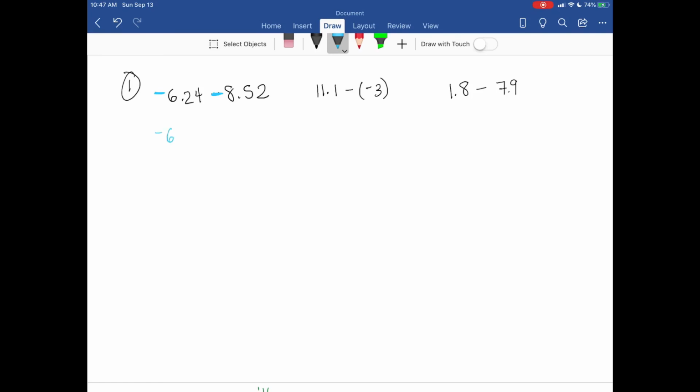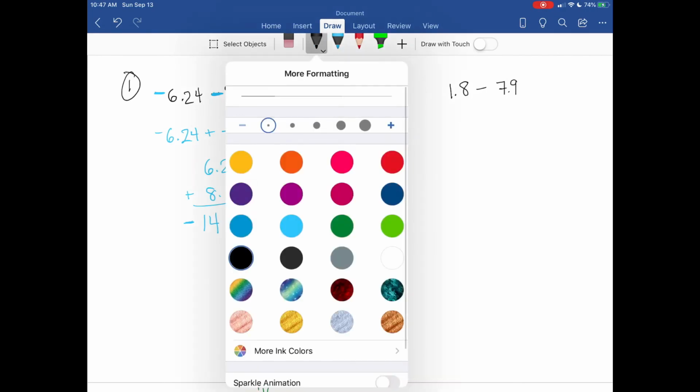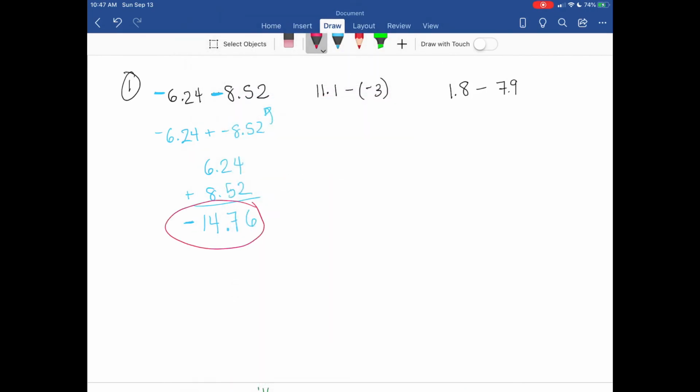So, and again, if it helps, you can write it as plus negative 8.52, but I think maybe if you just see it from here, you know I'm going to take the sum of those two, and my result is going to be a negative. So I do my arithmetic vertically. So then when we add those two down, we get 4 and 2 is 6, 5 and 2 is 7, 6 and 8 is 14, and we keep the negative sign. So we know that that is our answer, negative 14.76.